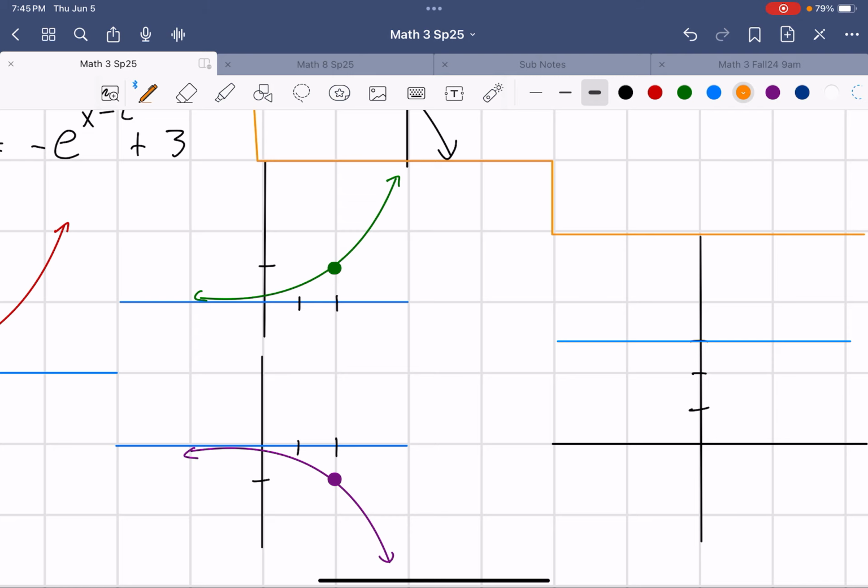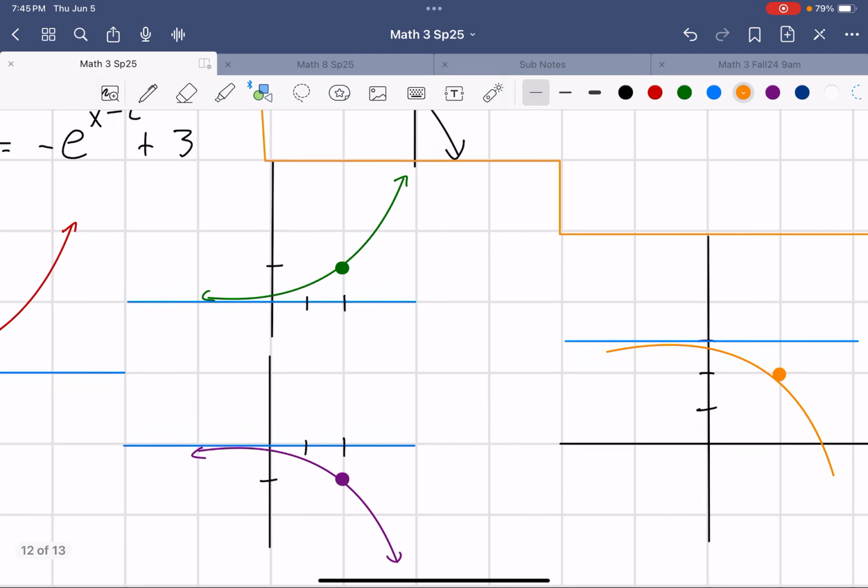So it goes up 1, 2, 3, right here. Right, because this is going up 1, 2, 3. And we still have the same shape from that reflection. And there we go.